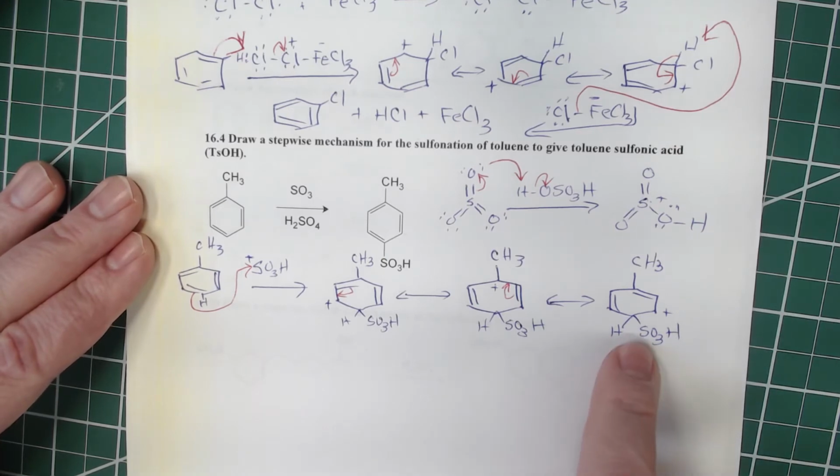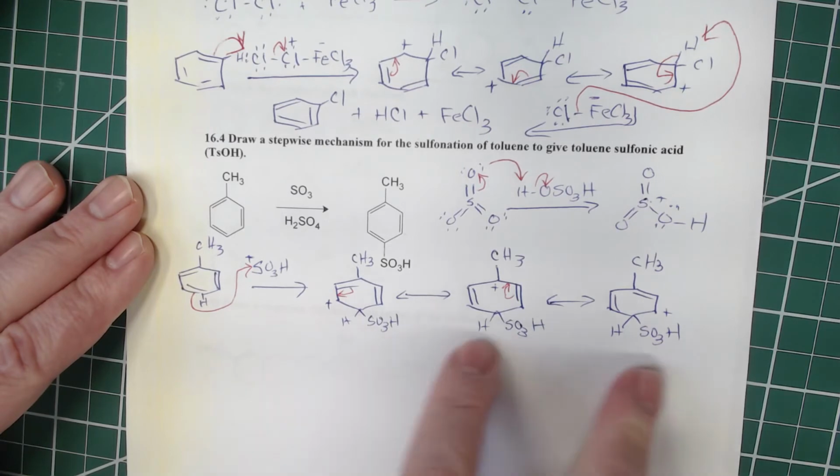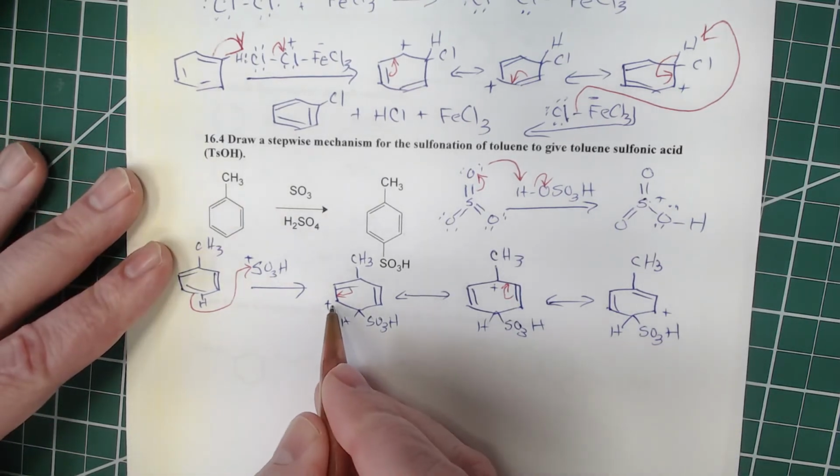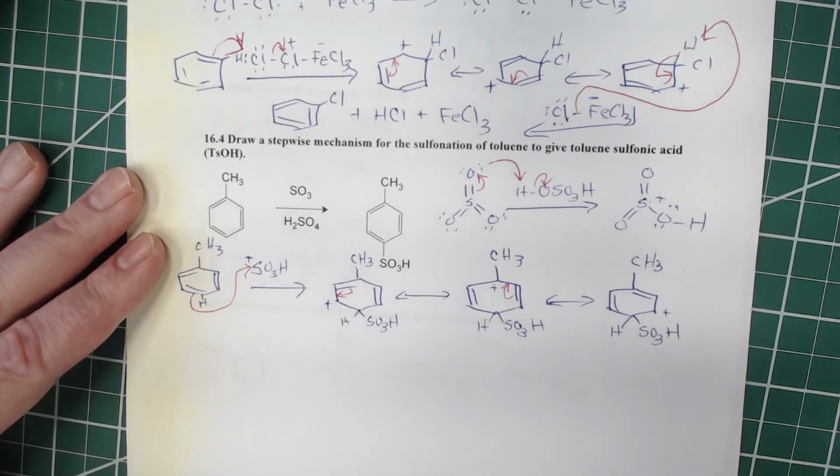All right, and so that is our third resonance structure. We'll take those 3 resonance structures. Again, the true structure is a hybrid where we have a partial positive charge here, there, and there.